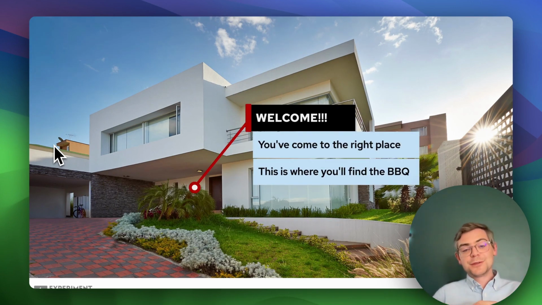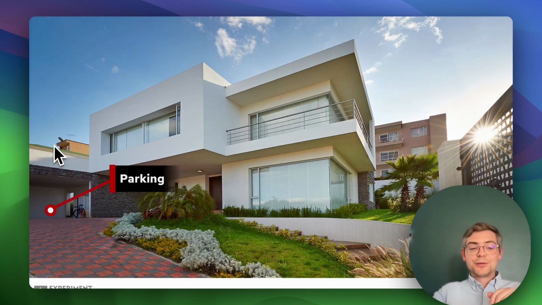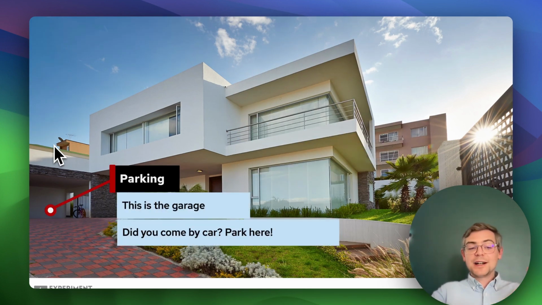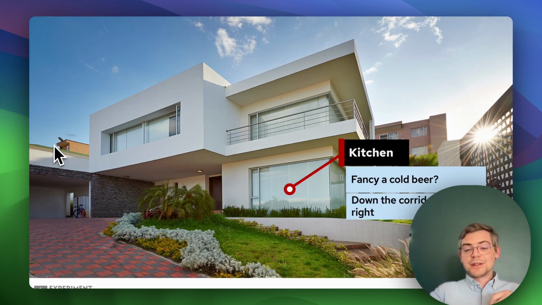So welcome to my home. Basically you land in the right place. This is where you find the barbecue that I organized. If you want, you can park your car in my parking. After, if you enter down the corridor on the right, you'll find the kitchen. If you want, you can take a beer.